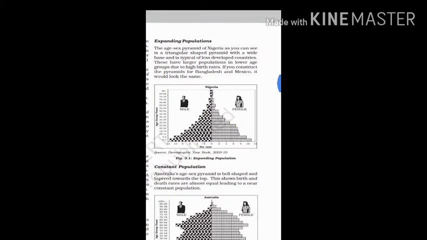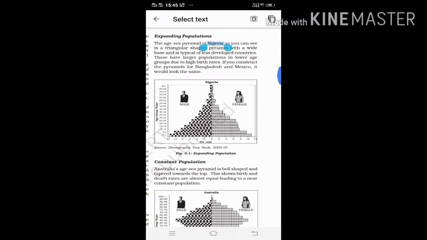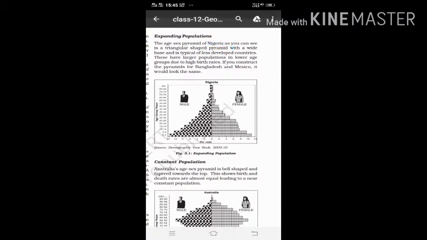So it is a triangular shaped pyramid, and this is available in Nigeria. See, the age-sex pyramid of Nigeria, as you can see, is a triangular shaped pyramid with a wide base, and it is typical of less developed countries.